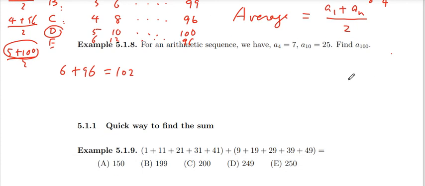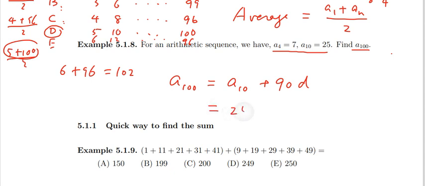So this problem is a typical problem. We know A4 and A10, and we want to find A100. So A100 equals A10 plus 90d, right? So what is d?